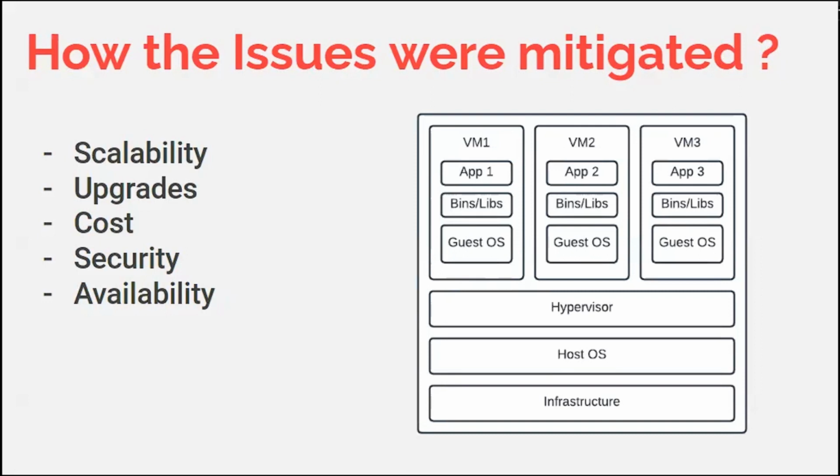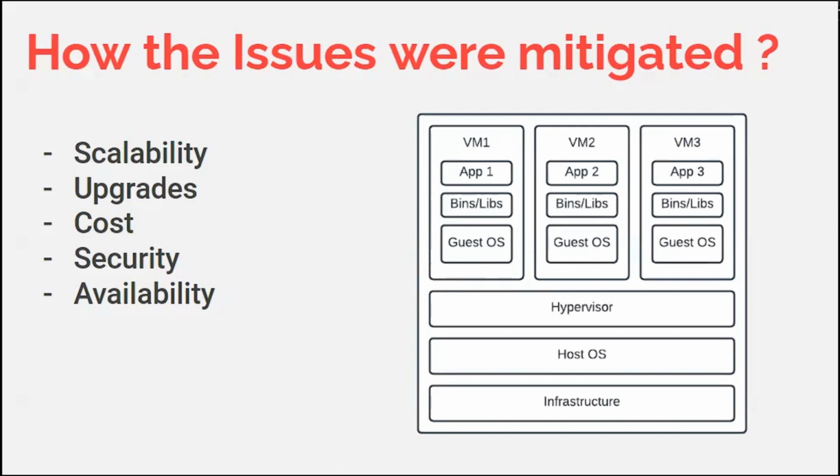Let's say they have 100 GB of RAM. The host OS will need, let's say, around 10 GB for the host machine to run, and the rest of the 90 GB can be used for these virtual machines, and that task is done by the hypervisor.